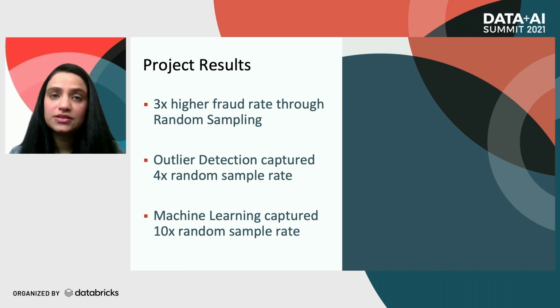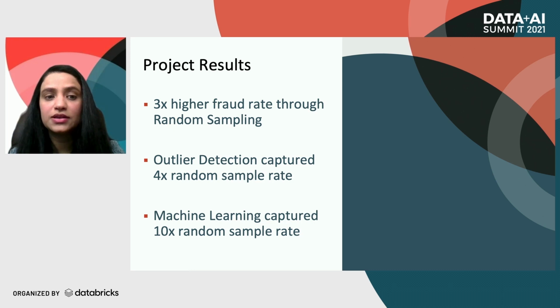And through our data science solution design, we were able to capture additional fraud through the automated deployment of outlier detection models, with which we were able to realize a detection rate 4 times higher than the random sample rate. And through machine learning, we have achieved a detection rate 10 times higher than the random sample rate.